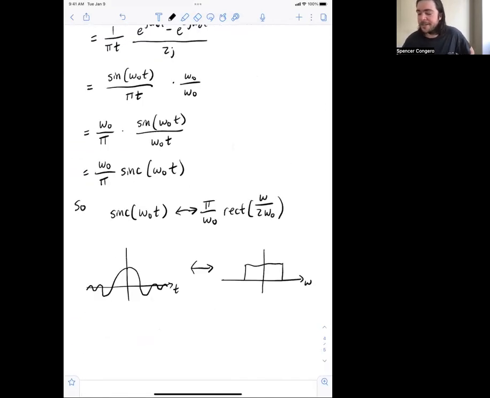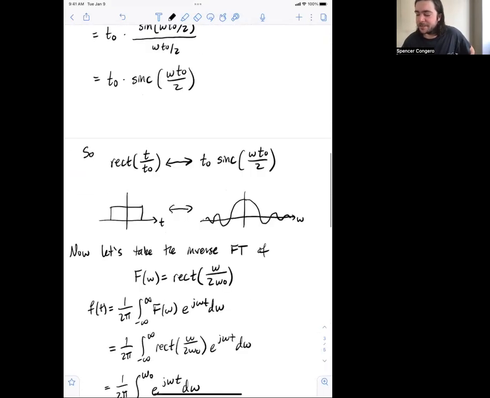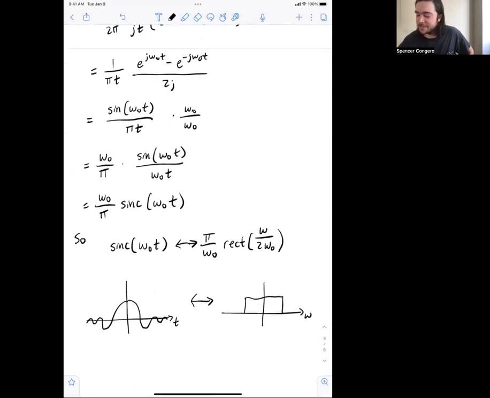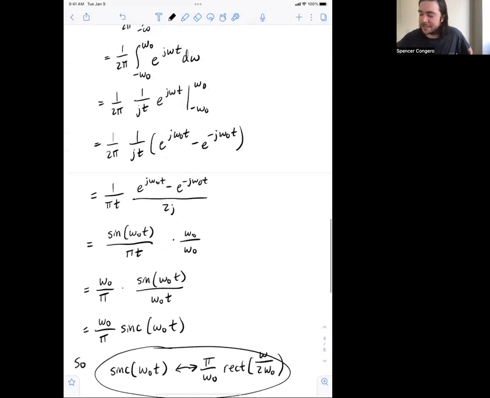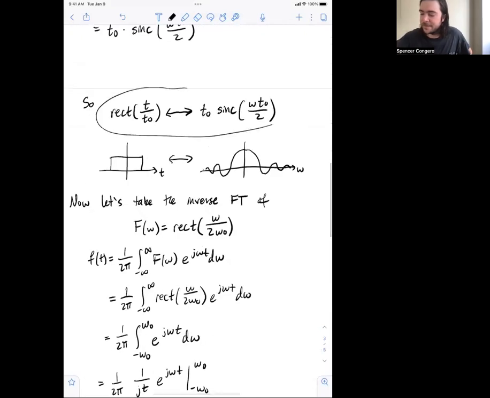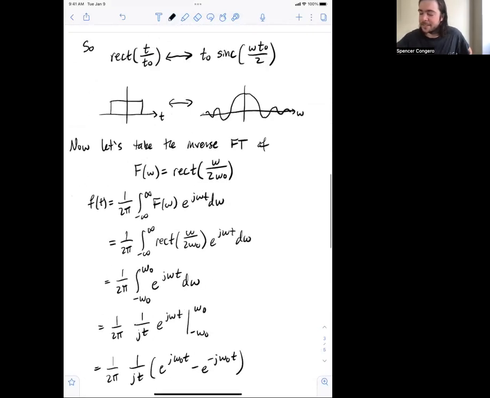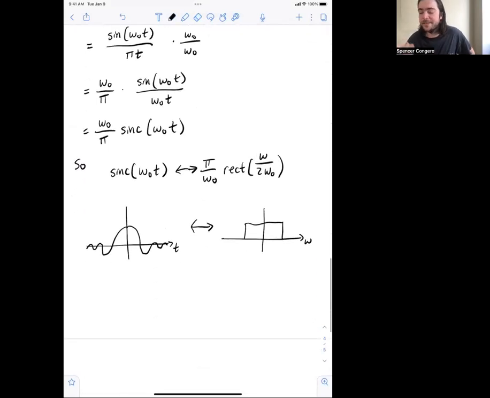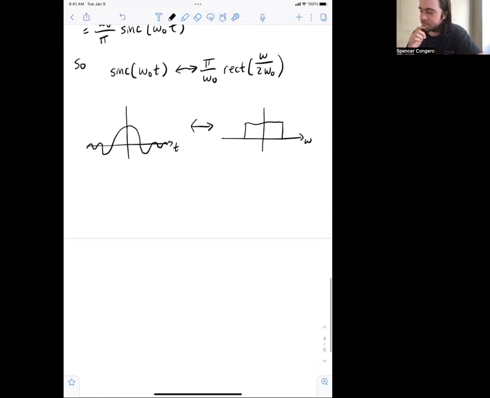You might be wondering, does this hold more generally? That if I have a certain picture in time and a certain picture in frequency, that sort of changing some constants around, because you can see the Fourier transform pairs aren't exactly the same, right? They're not exactly the same in frequency and time, but is there some relationship between them? And there is, and we'll get to that later in the class. It's called duality. Okay, but for now, we'll just leave it at this.